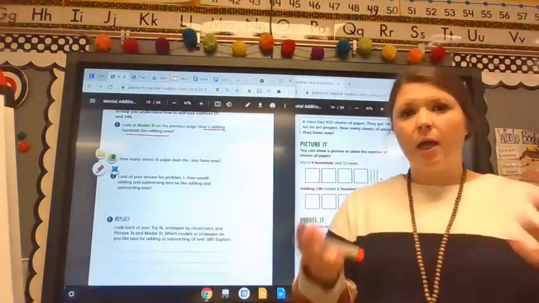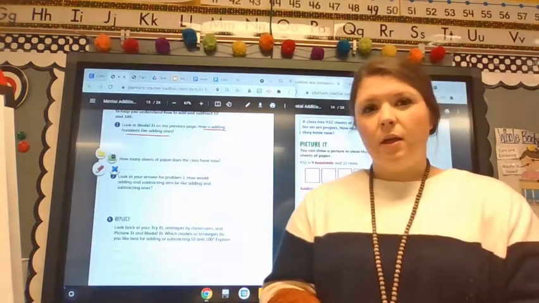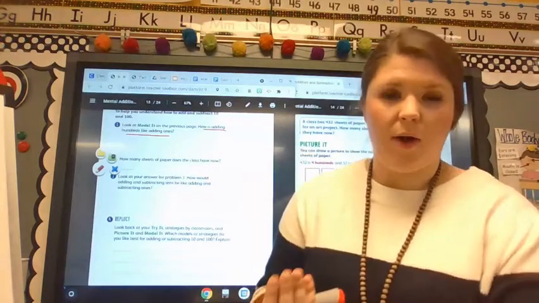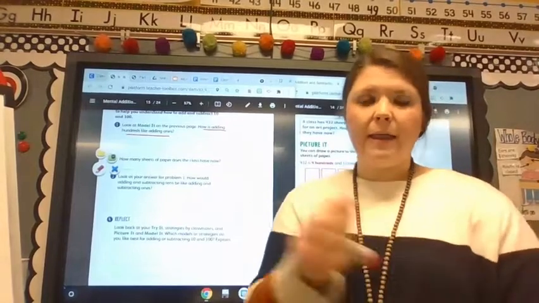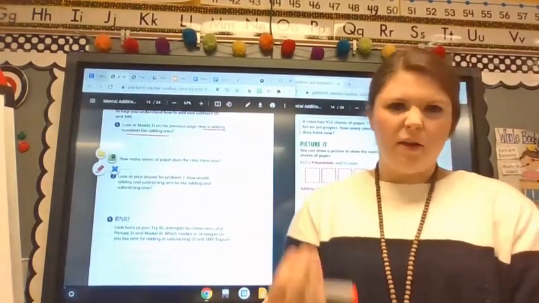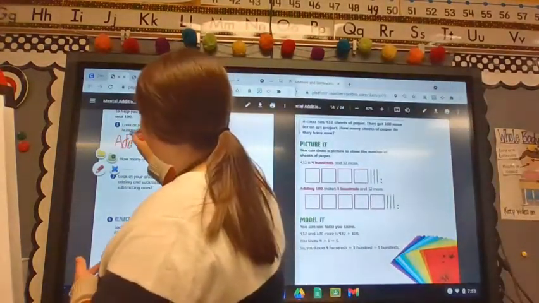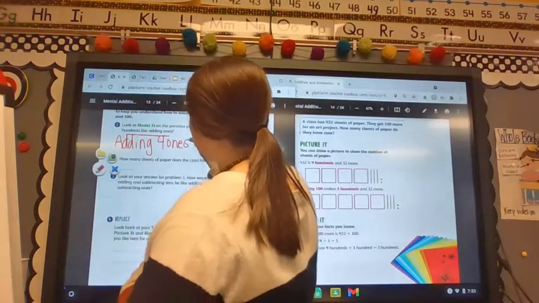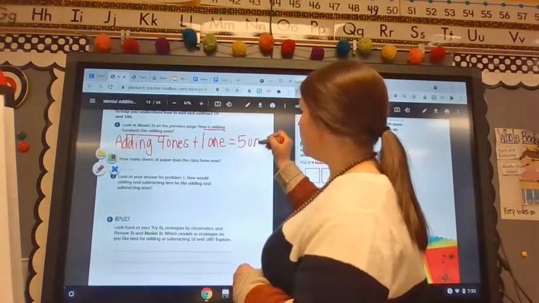All right, so adding hundreds is like adding ones, but you just have to add on that value, right? So you can look at that place and add that place, but then you have to think about the value, right? So adding 4 ones plus 1 one equals 5 ones.